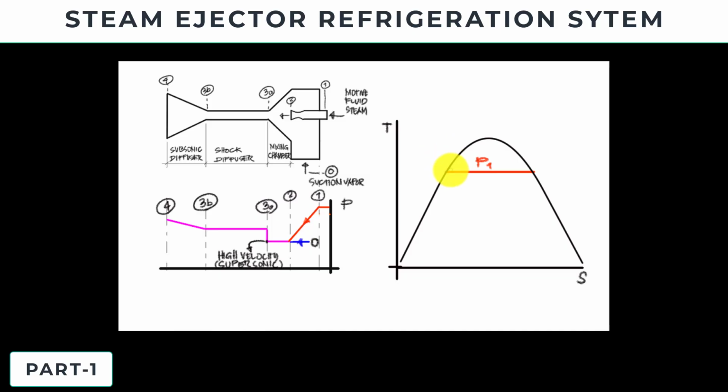Now the phase changes from saturated liquid to saturated vapor. So that is what is happening inside our boiler. Now we have here a saturated vapor at point 1. So this is my point 1.